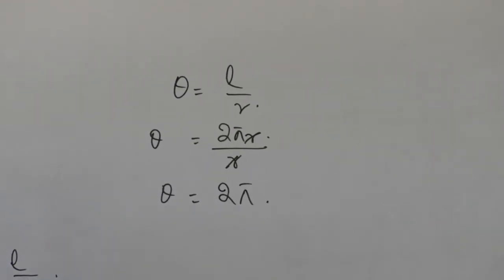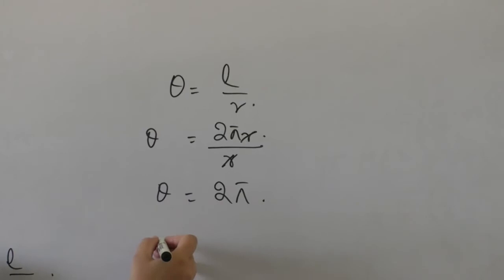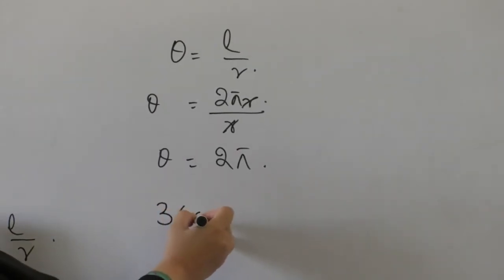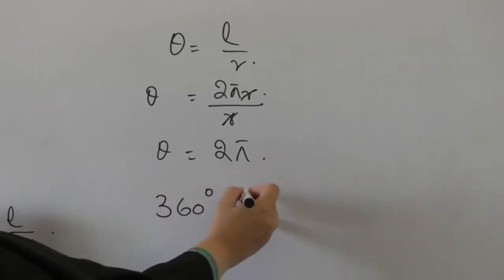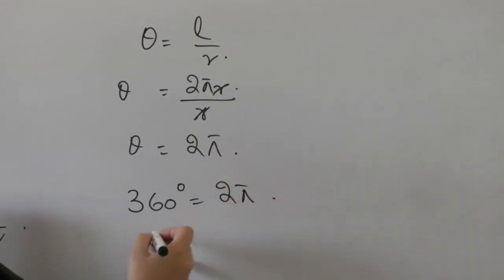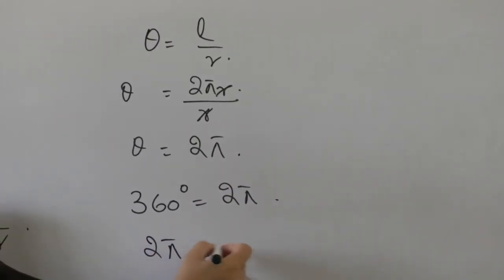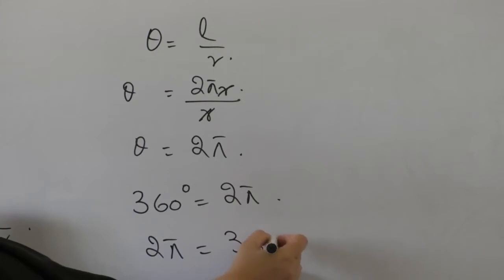So what it shows is that 360 degree is equal to 2 pi, or 2 pi is equal to 360 degree.